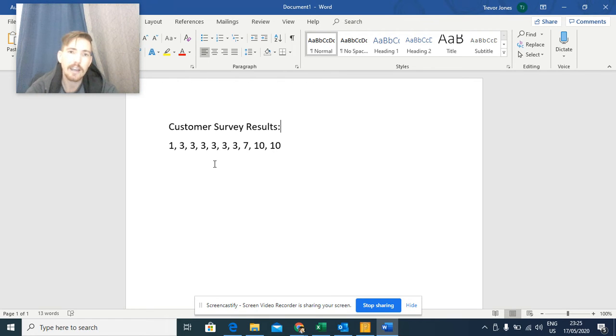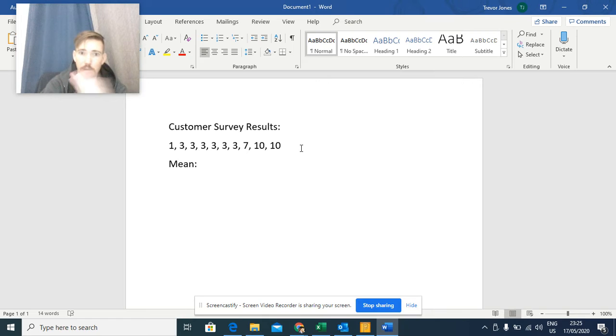So if you average out all the results, or find the mean, remember those are the same thing, you add these together and get 46.